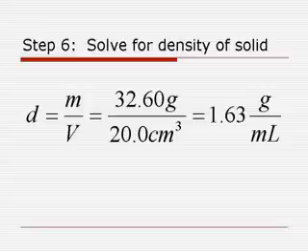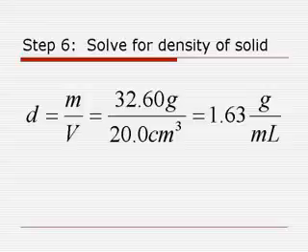And the units here do not cancel, they get carried through. And we know that mass per unit volume is a density unit. So we have set up our equation right when our units end up like this. So 32.60 divided by 20.0 gives us a density of the solid as 1.63 grams per milliliter.